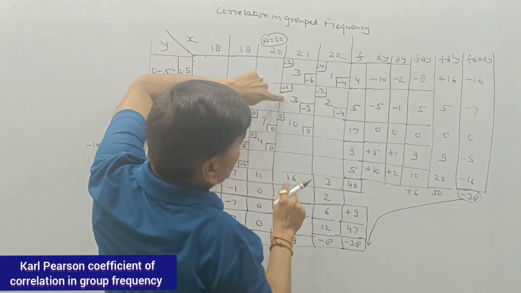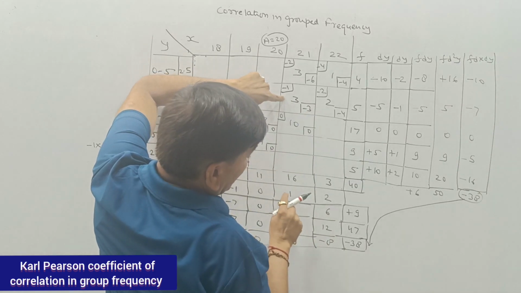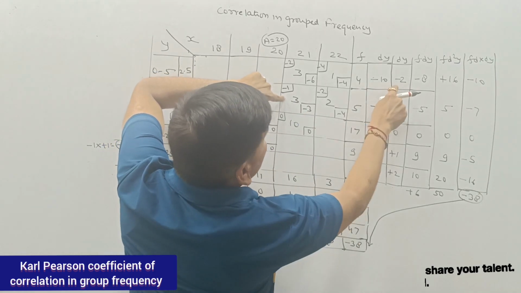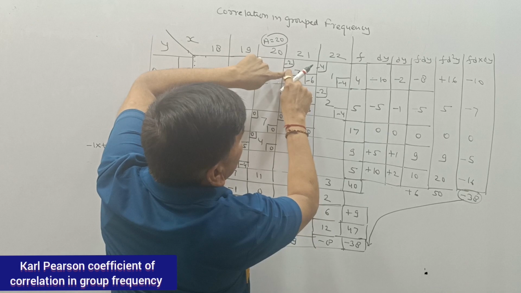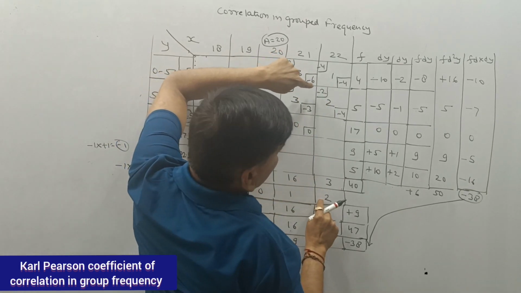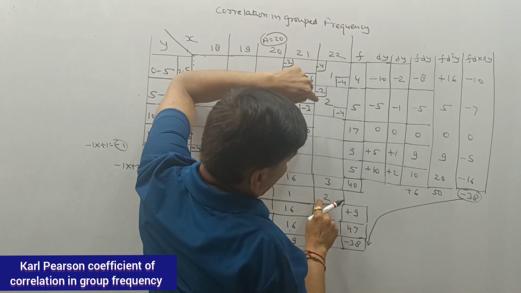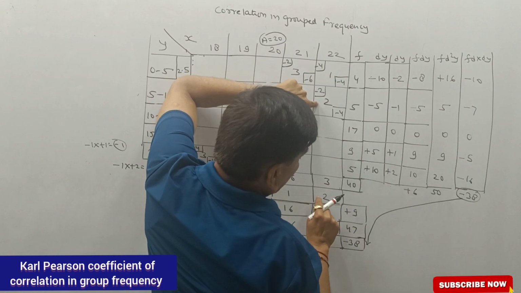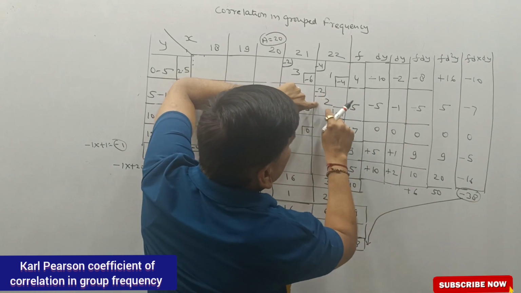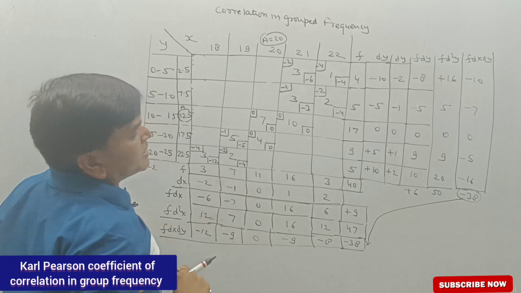So 1 times minus 1 is minus 1, minus 1 multiplied by 3 is minus 3. This is plus 1 and this is minus 2. So plus 1 times minus 2 multiplied by 3 is minus 6. Okay, coming here. Plus 2 and minus 2 is minus 4. Minus 4 multiplied by 1 is minus 4. This is minus 2 plus 2 and minus 1 minus 2 minus 2. This is 4. So these values are sigma f dx dy.